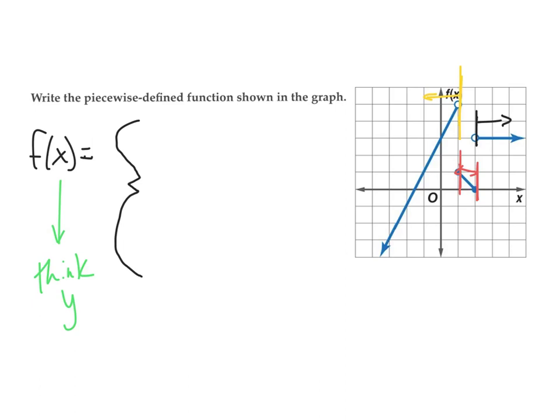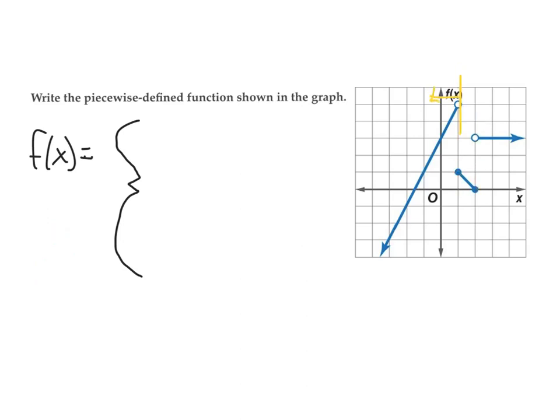And so the first thing that I recommend that you do is set up all your boundaries. So if you remember on the last problem, we said if x was less than negative 1, if x was greater than or equal to negative 1. What I want to do is come up with all the boundaries first and then worry about the equations. Okay?